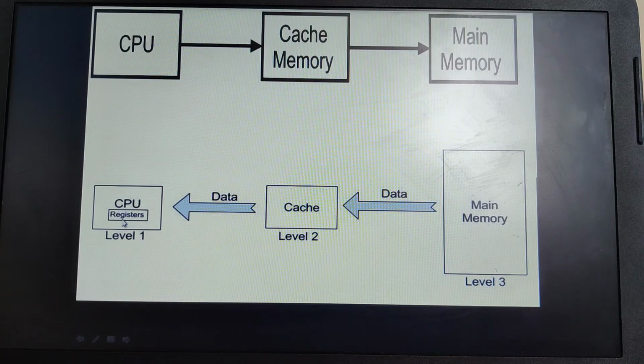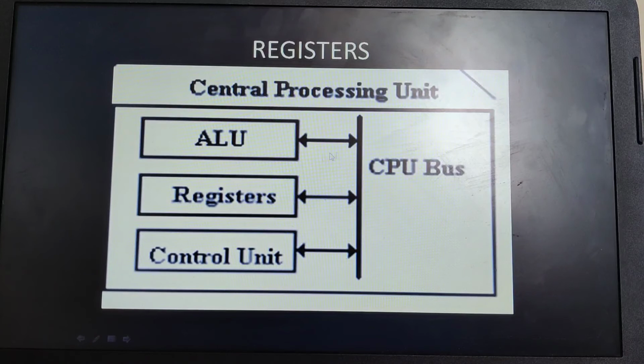Working under the direction of the control unit, the register has the capacity to accept and store the data and the instructions, and it will transfer all those data and instructions to the ALU for performing arithmetic, logical or comparison operations at a very high speed.